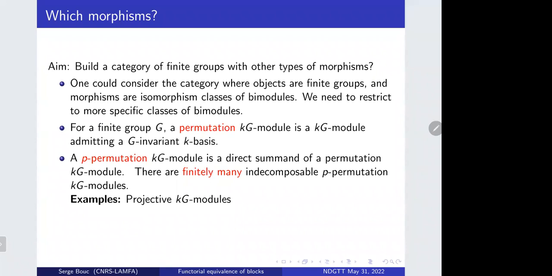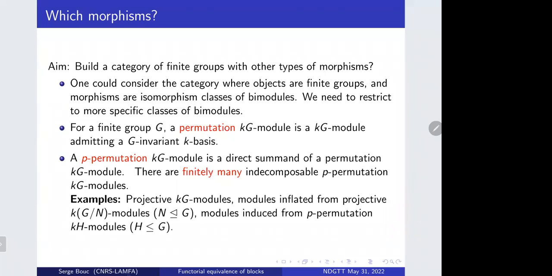A slightly more general example is: suppose you start with a projective module for a factor group G/N of G, where N is some normal subgroup of G, and you inflate that module, that is, you consider it as a KG module where N acts trivially. Then in general, the module you obtain for KG is no longer projective, but it's still a p-permutation KG module. The last procedure I would like to mention to produce p-permutation KG modules from known ones is induction.